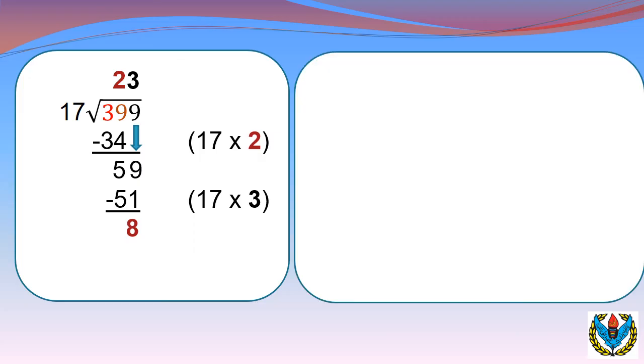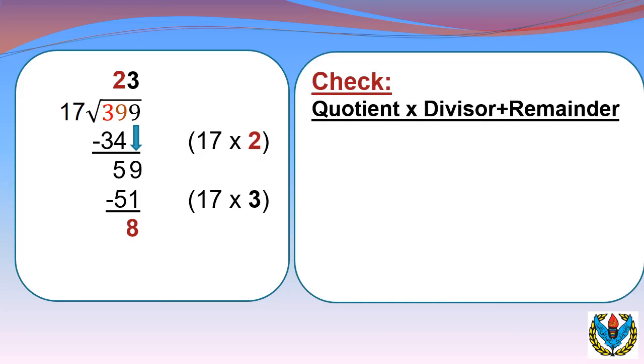Now in the next step, we have to check them. How can we check? We have to multiply the quotient with the divisor, and then we have to add the remainder to the answer. Now let's start. We have to multiply 23 by 17. Here 23 is the quotient and 17 is the divisor.